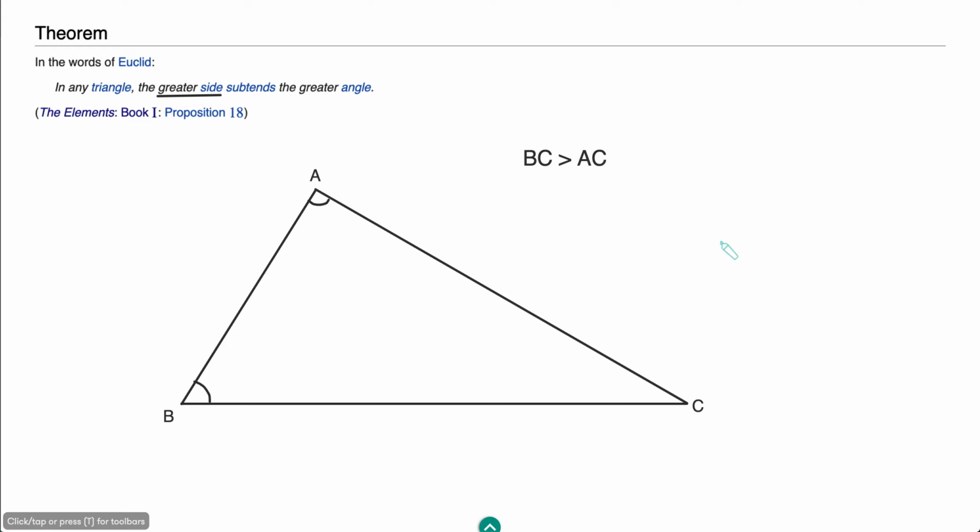So what construction could be better? How about we try this? Construct the line AD such that AB is equal to BD. Now what does that tell us?